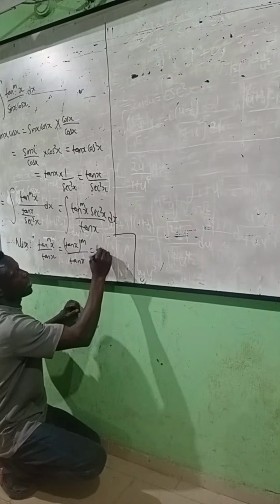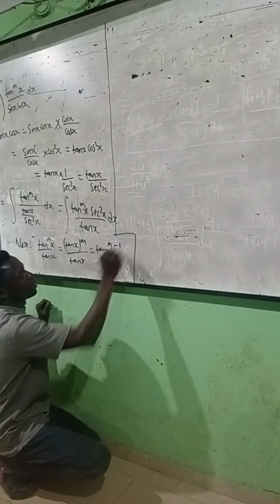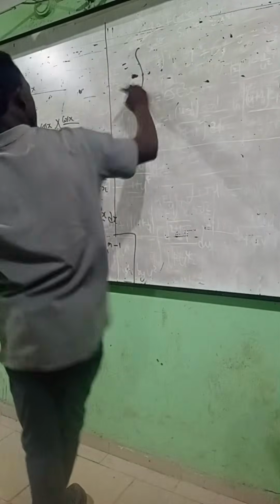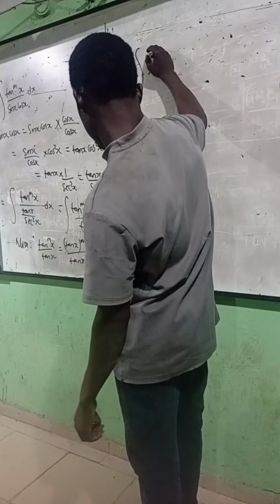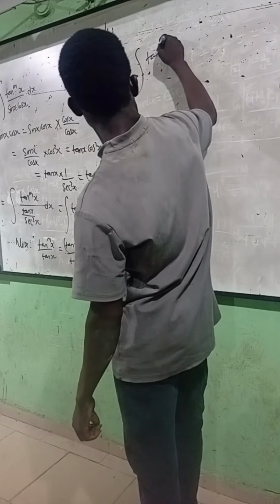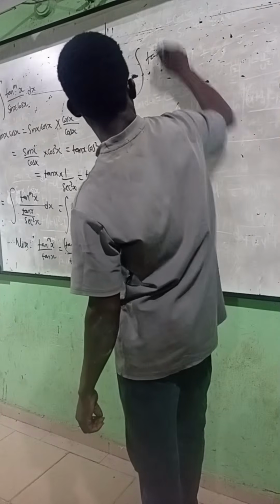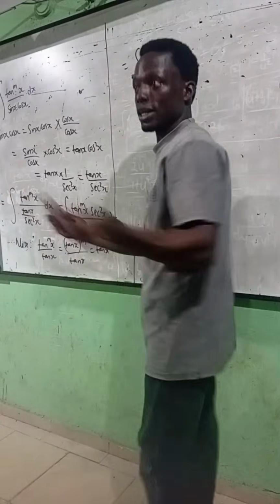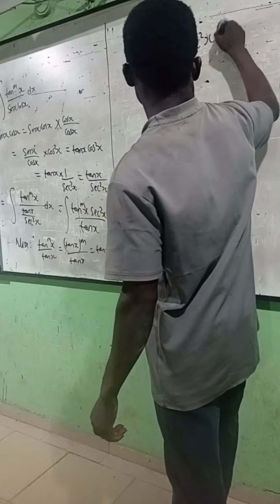Equals tan x raised to the power m minus 1. Are we together? So the question becomes integral of tan of m minus 1 x, or tan x all in brackets to the m minus 1, sec square x dx.